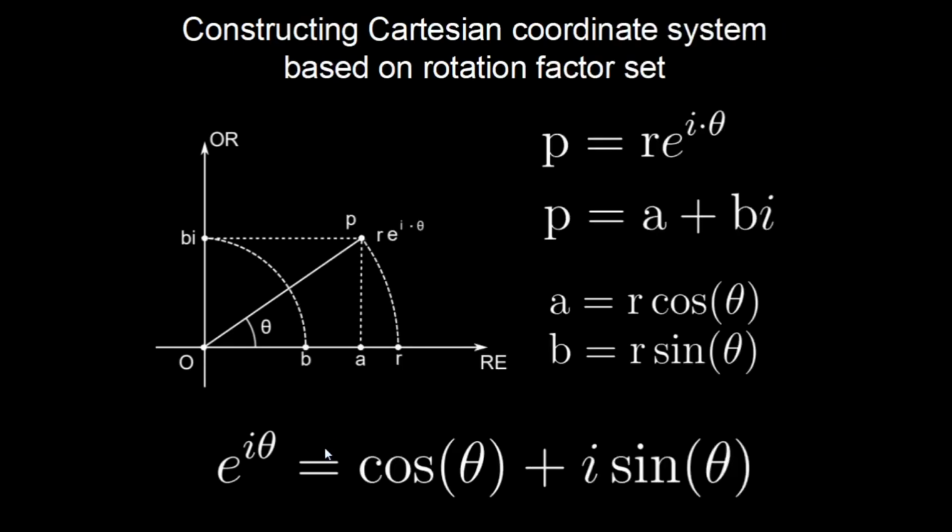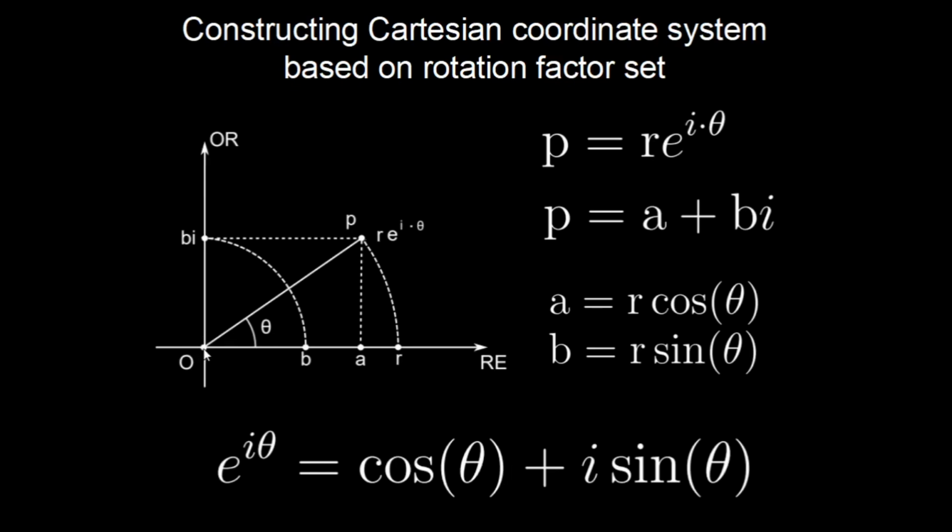Next, we will construct a Cartesian coordinate system based on rotation factor set and obtain Euler's formula. In this figure, RE denotes a real number axis, OR denotes the axis orthogonal to RE. Point O is the origin.